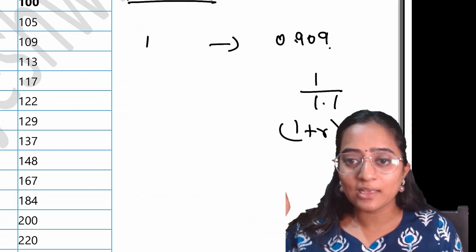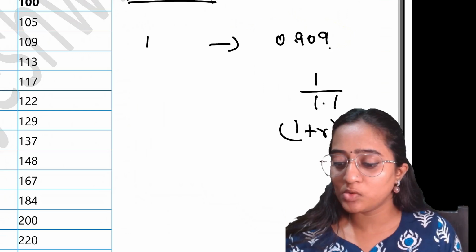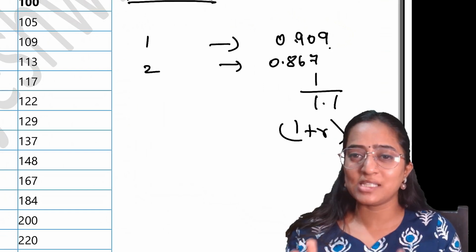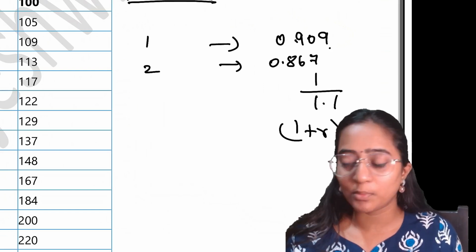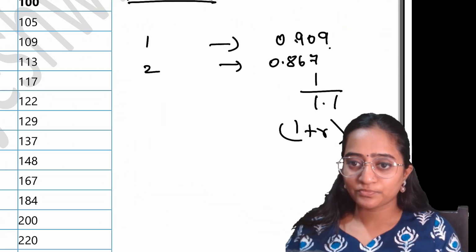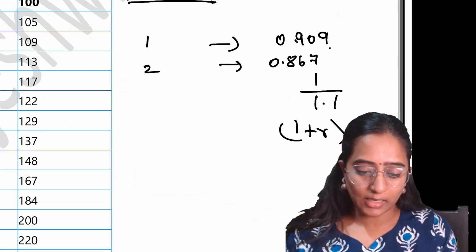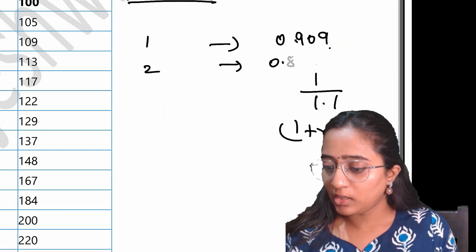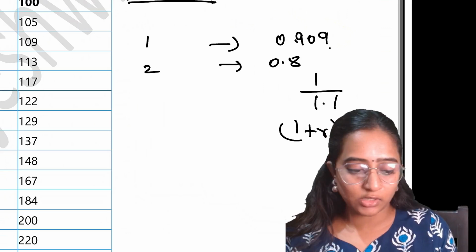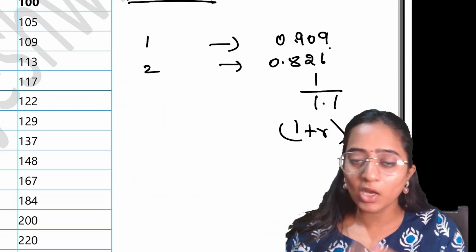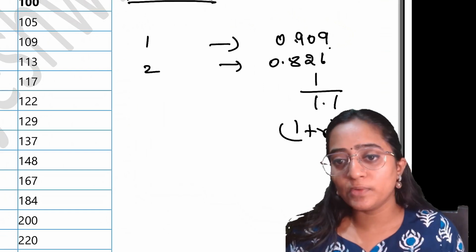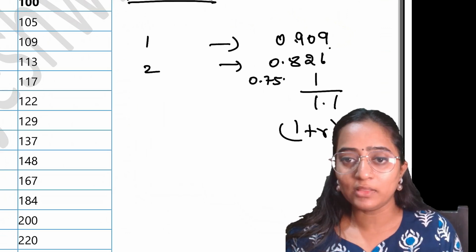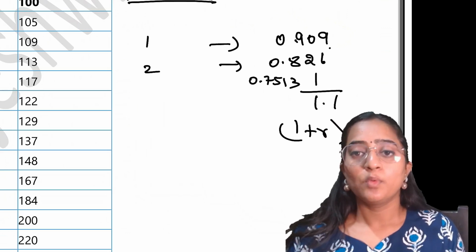If you do that in your calculator twice, you are going to get 0.867 something, just an approximate number, not an actual number. Let's do it on an actual basis also. It is going to be 0.826. Similarly, for the third year, it will be 0.7513. What does it mean?